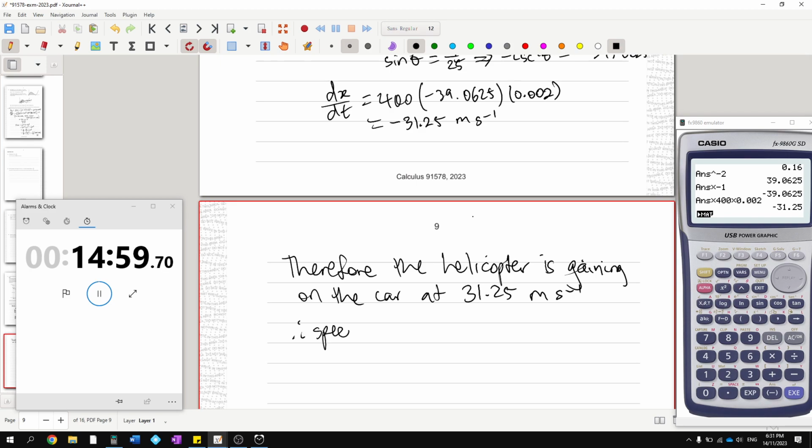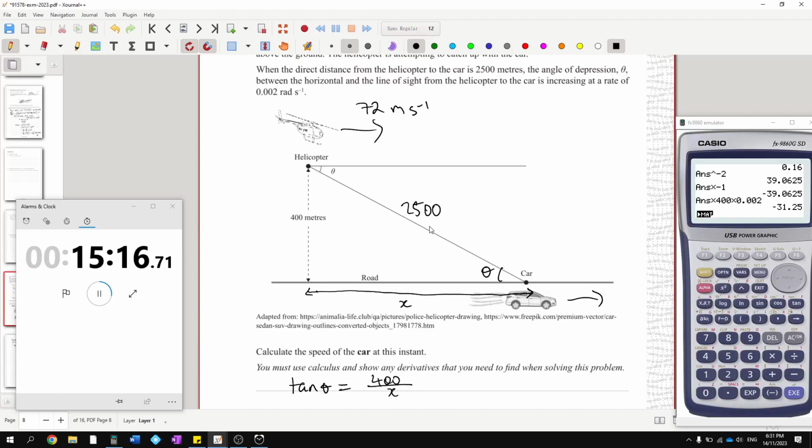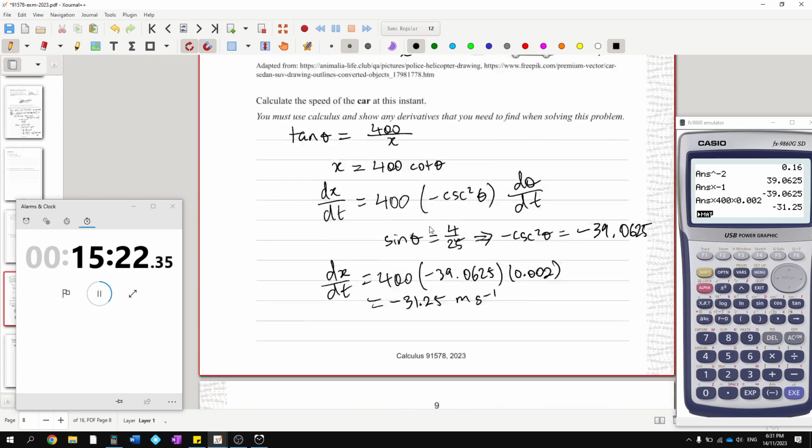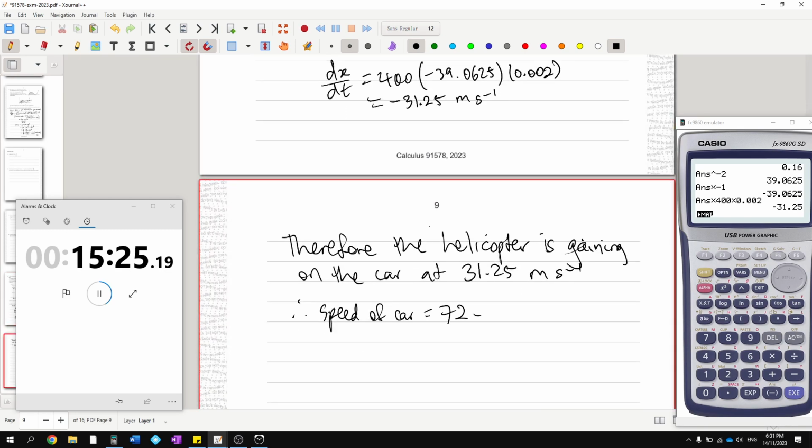Therefore, speed of the car, that is, okay, speed of the car equals, surely it's 72 minus that. .75 meters per second.